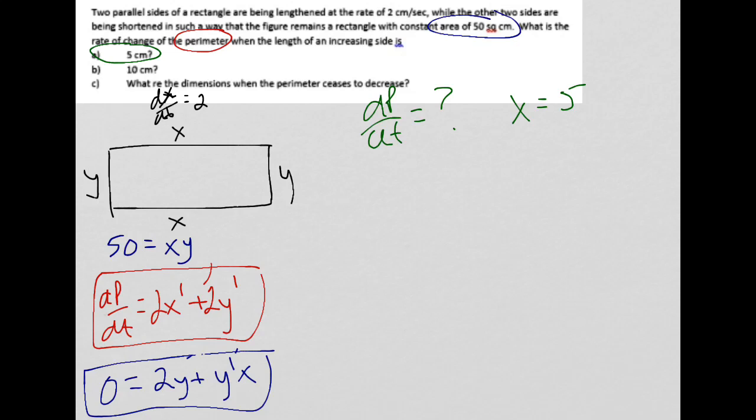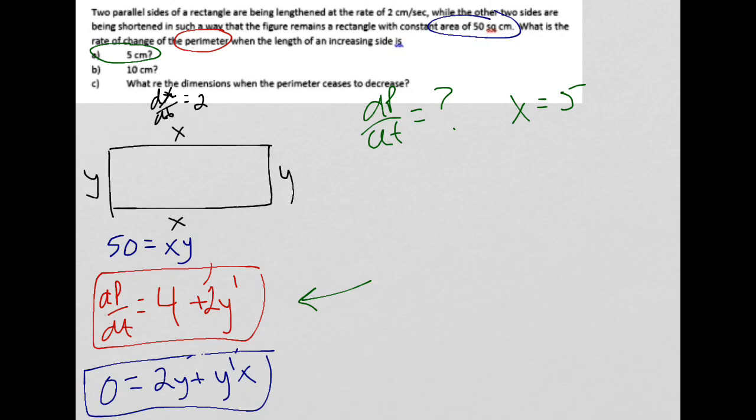So if I look at this equation right here, that tells me dp/dt, but I need primes, right? I need x prime and y prime. Actually, x prime is always going to be 2. So I get 2 times 2, which gives me 4. So I'm going to go in and change that.